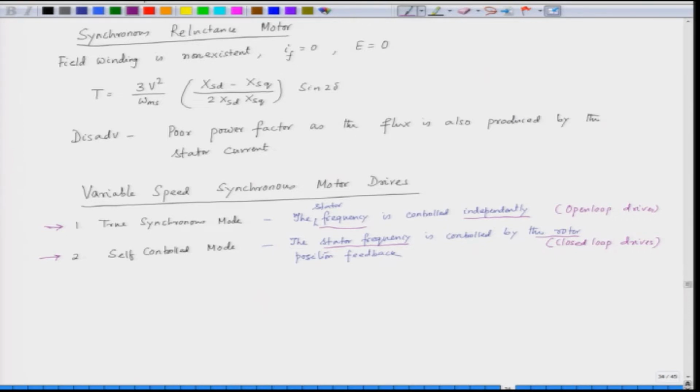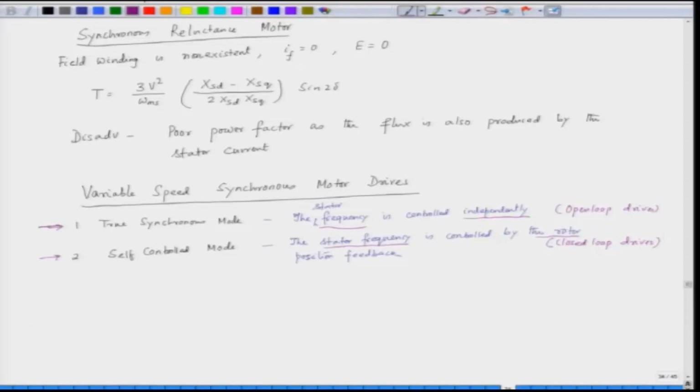Now, when we supply it from an independent source, that is the true synchronous mode, the first mode, this is a drive which is supplied from an independent source having a frequency f, and there is a possibility of instability. The machine may sometimes hunt, sometimes it can oscillate, because the stator frequency is independent of the rotor speed. So there will be some situation where the rotor will try to adjust with the stator frequency, that is the instability, which can express itself in terms of hunting and oscillations.